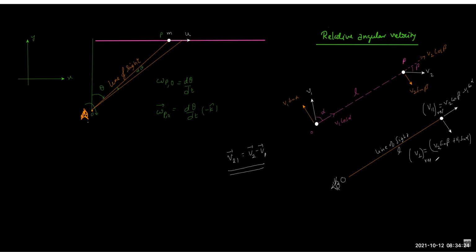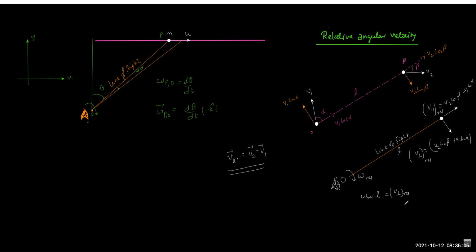We know that V perpendicular relative is the one responsible for the rotation of the line of sight. Now, because this is rotating about O, and this is the V perpendicular, it's similar to the v equals r omega concept. If I assume such an omega relative, we can say that omega relative into L must equal V perpendicular relative, just like you write the formula v equals omega R in circular motion.